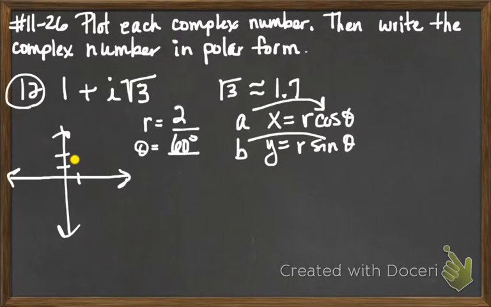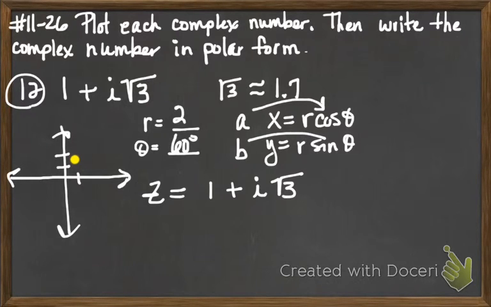So what you're going to do is you're going to take your complex number. You'll put a z there, just because we're going to end up with a z equals. And your complex number is 1 plus I square root of 3. And in the place of your a value, what's your a value right now?